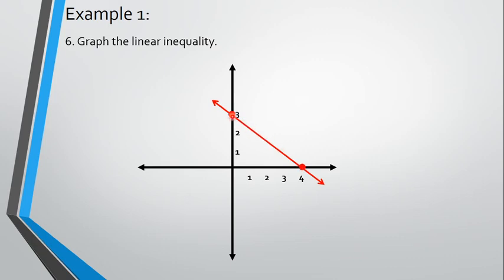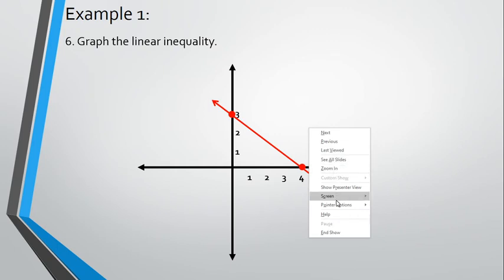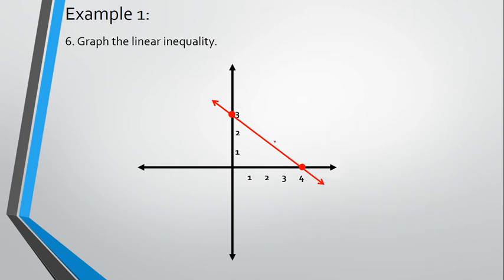Now, as I've said, the solution set here is a plane. So we have to shade one region here. But there are two possibilities. It could either be that our shaded region would be in this direction, or our shaded region would be in this direction.